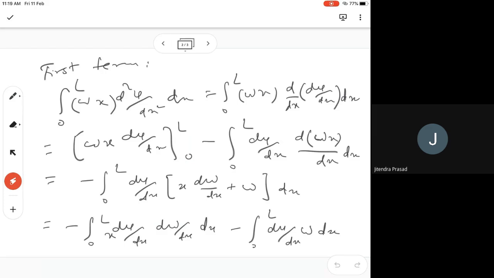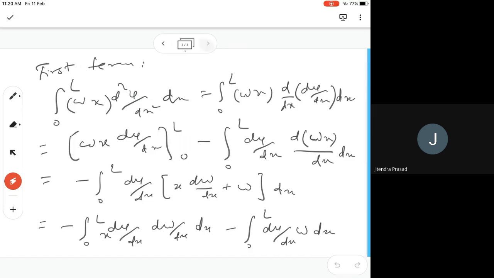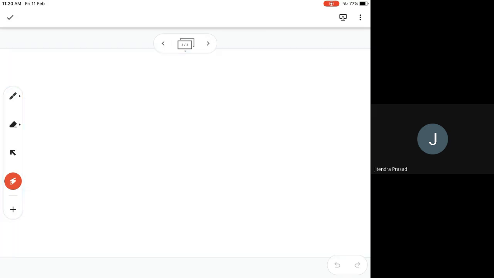There may be some problem where you have certain conditions, then probably it may not be symmetric, but I have not seen that problem actually. So I don't think it will not be symmetric.